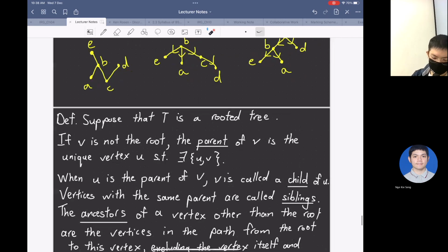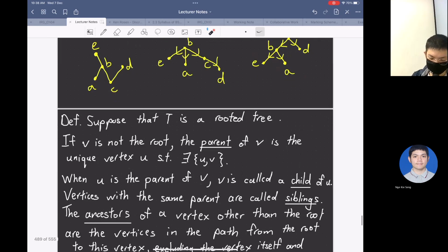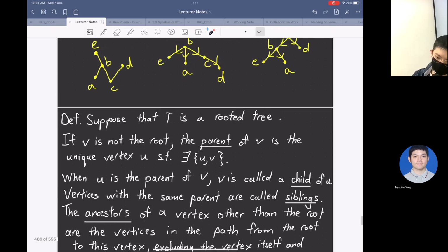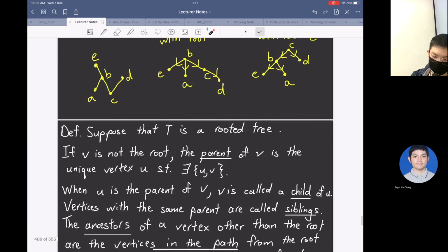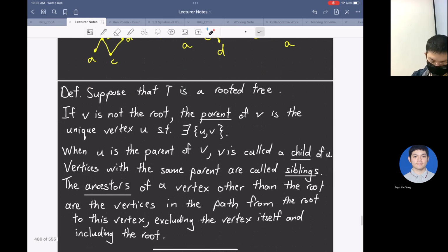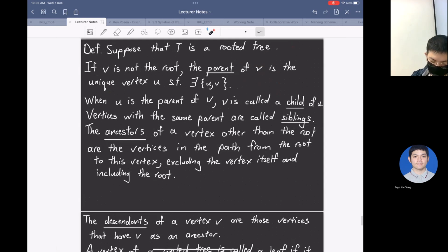And then the next one is ancestor. What's an ancestor? Ancestors of U are all the vertices above U that are connected by edges. For example, E. Who are the ancestors of E? B and C, all the way up. What are the ancestors of A? E, and B and C. Next is descendant.